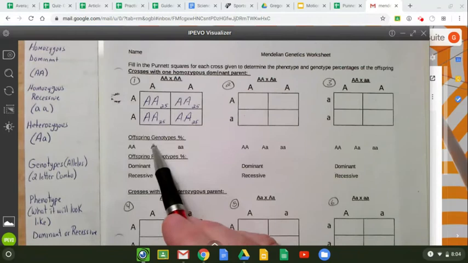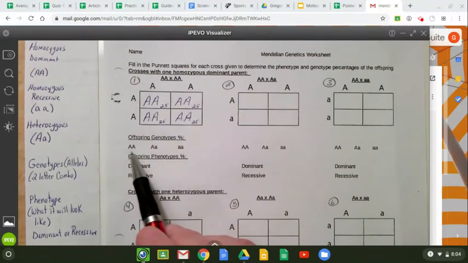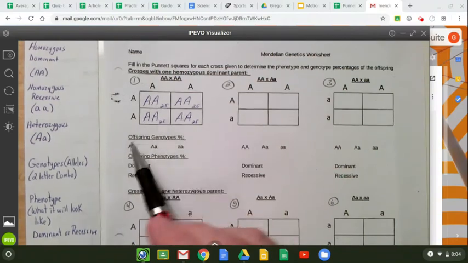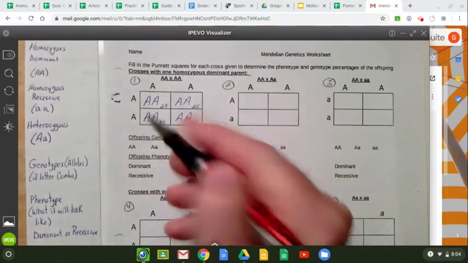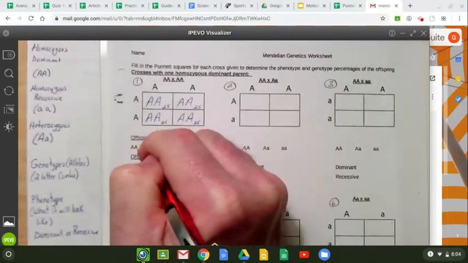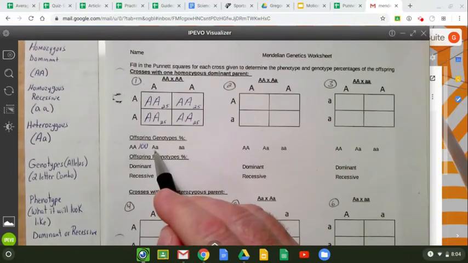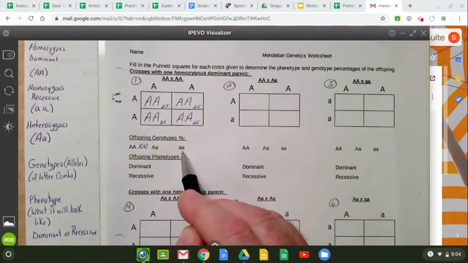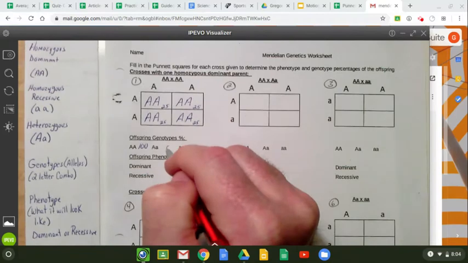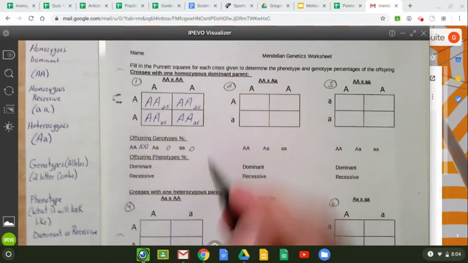So when we look at the genotype percentages, how many capital A's do we see? We see 4. That makes up 100%. Heterozygous and homozygous recessive, none represented here. So that's 0%.